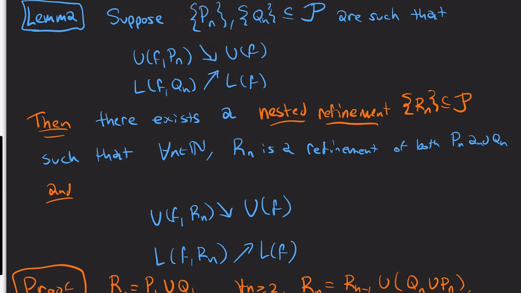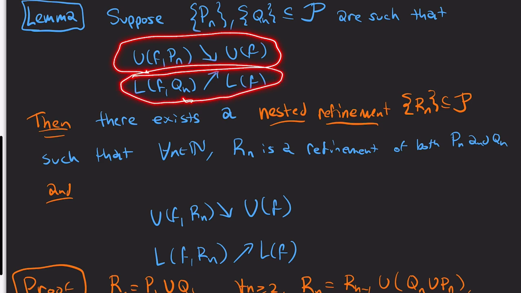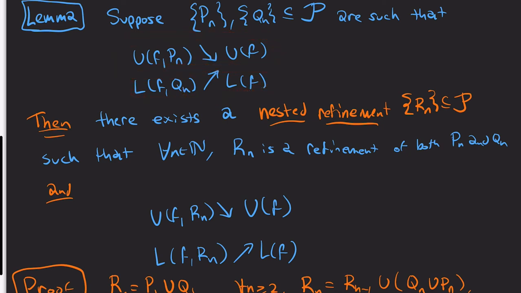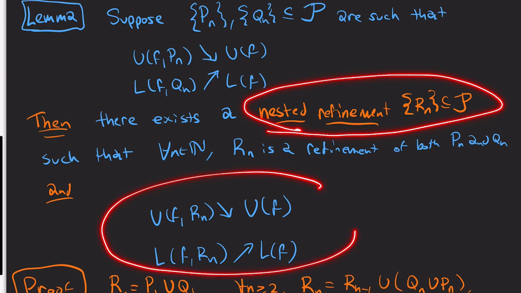That's a nice tool to have, because we don't have to deal with a different sequence for the upper one and another for the lower one, and not really know how they relate to each other in refinement. Now we can take a common sequence for both of them that is a nested refinement and preserves this limit property. That's the main takeaway here.